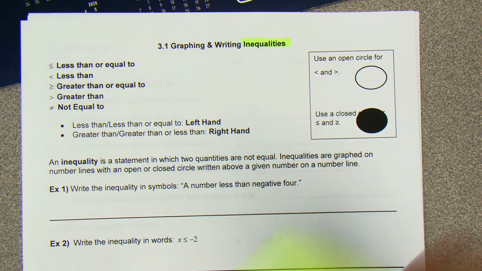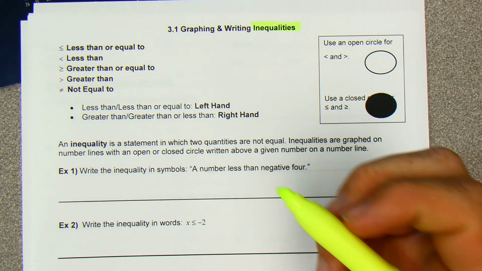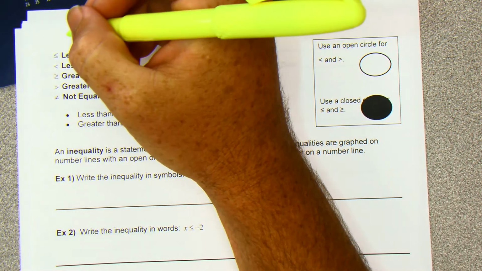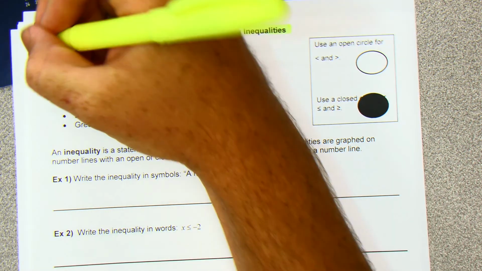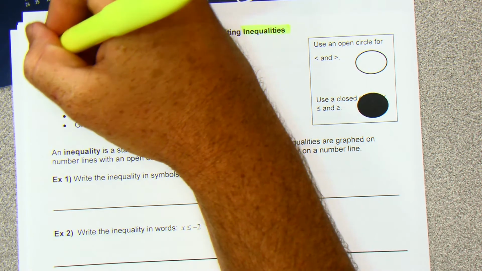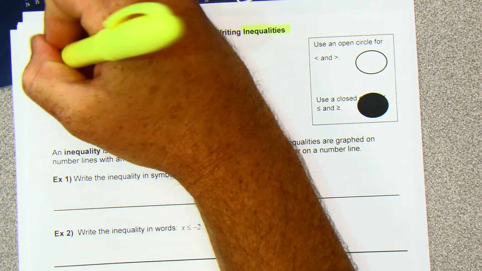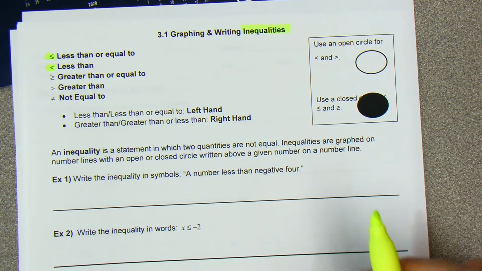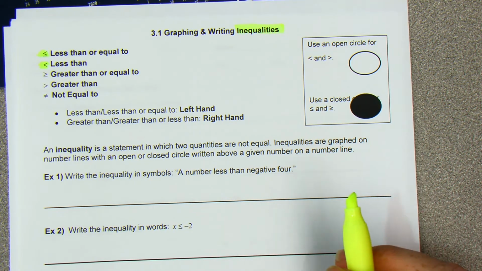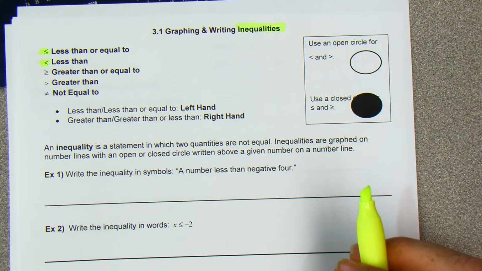Okay, so our main signs over here are to the left. These are extremely important that we remember these. Over here, we have that the sign for less than or equal to looks like this. The sign for just less than is very similar, but if you guys can see, it does not have that little line underneath it. That line means equal to.